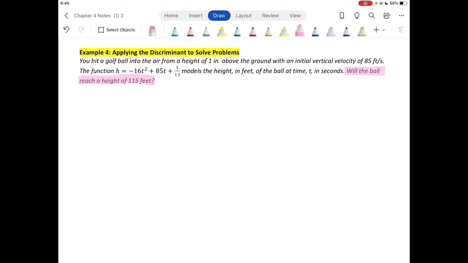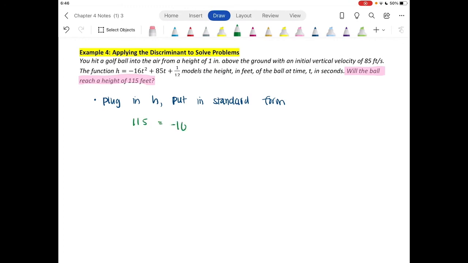But before we can find the discriminant, we do need to make sure it is in standard form. Like the application of the quadratic formula, we do need to start by plugging in the h value, and then we're going to put it in standard form. We will plug in the 115 for h.